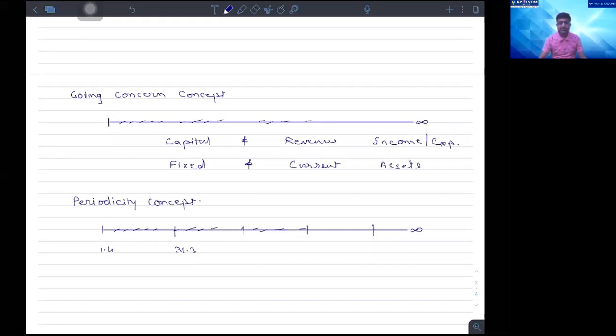These distinctions are what we do as per the going concern concept. All right, that's how we carry out the activity.